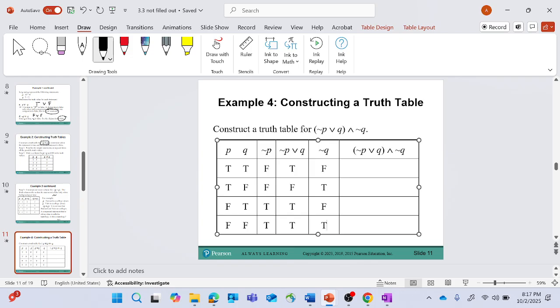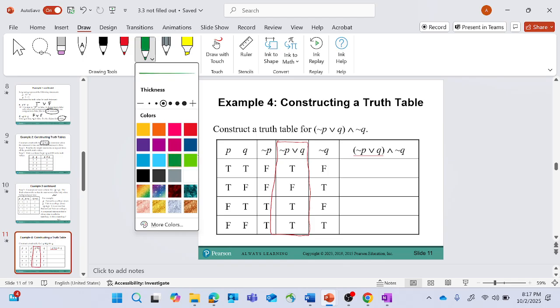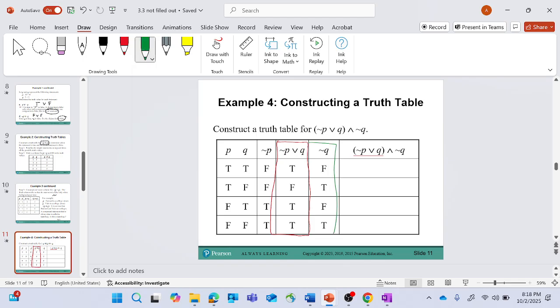And then finally, I have not P or Q and not Q. This one's a little tricky. What we're going to do here is I have this not P or Q right here. That's this column right here. Okay? And I have not Q. Well, not Q is going to be this column right here. So you have to be careful with what you're splitting up.